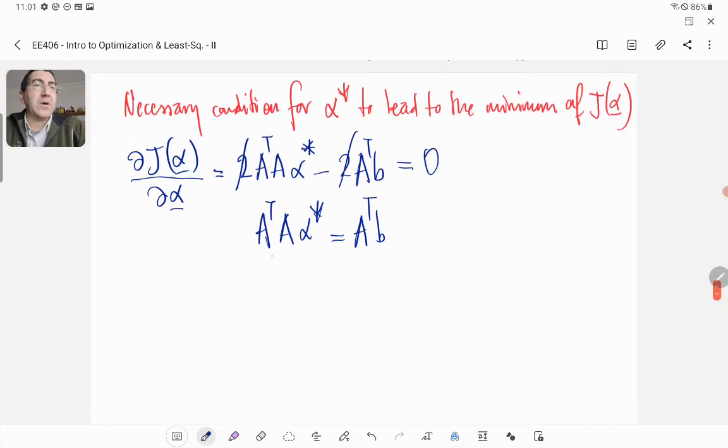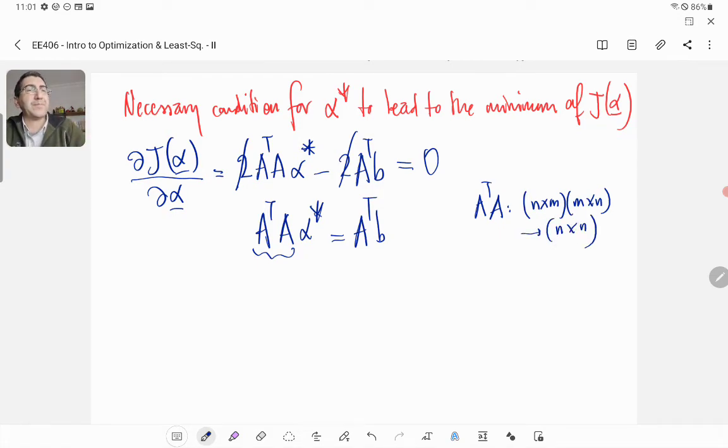Okay? Now, A transpose A, remember the size of A transpose A, right? It's an n by m times m by n matrix, and therefore it's an n by n matrix. Okay?